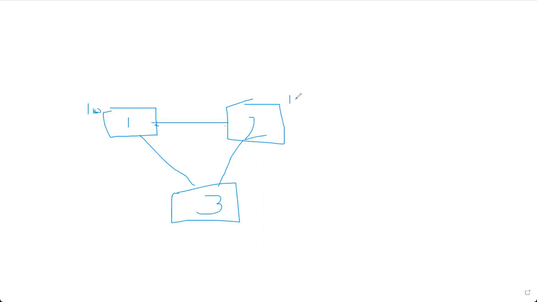Priority is 110. Priority is 120. So tell me, which one will become the root bridge? Switch one, because of low priority. Priority is low, which is 100 compared to the other two.